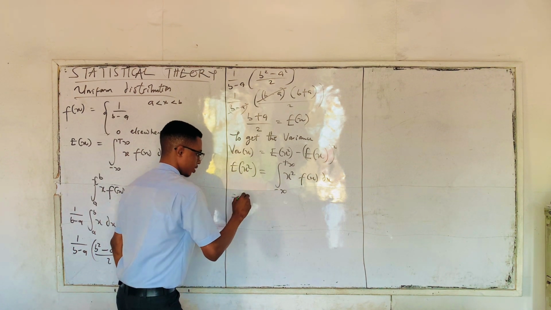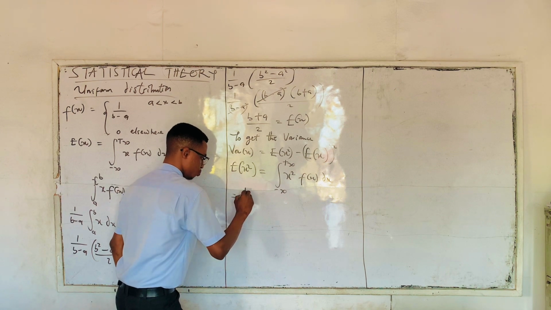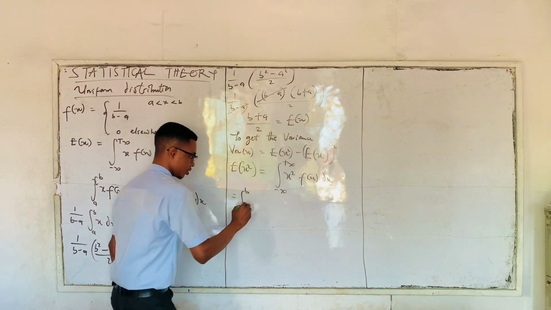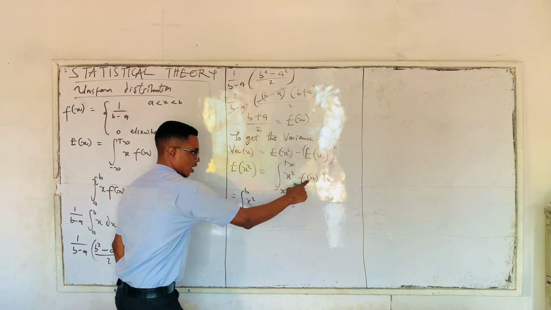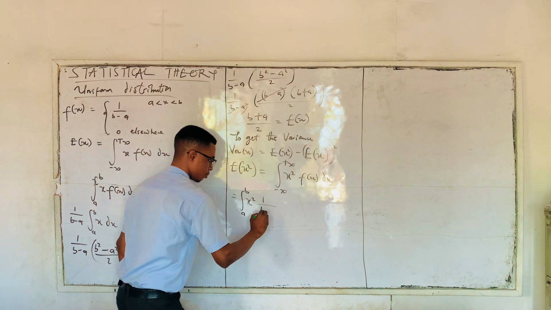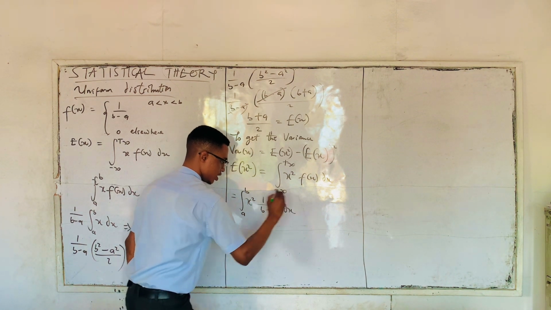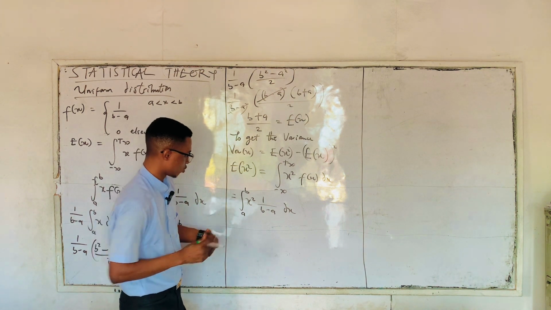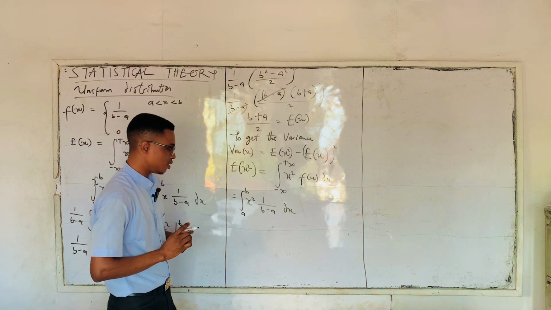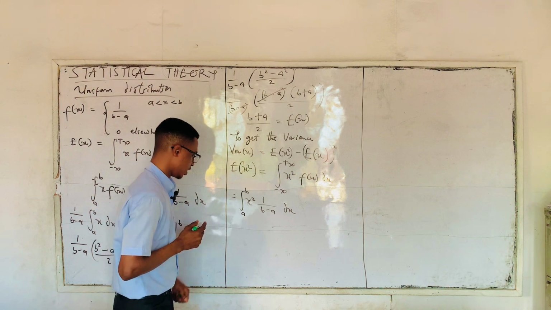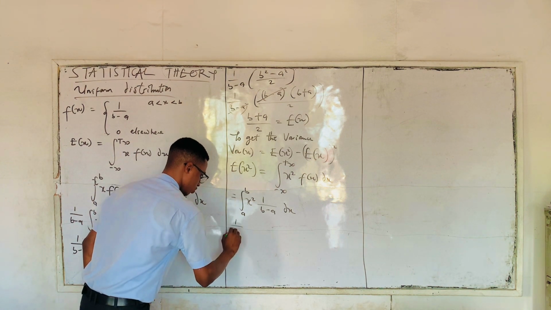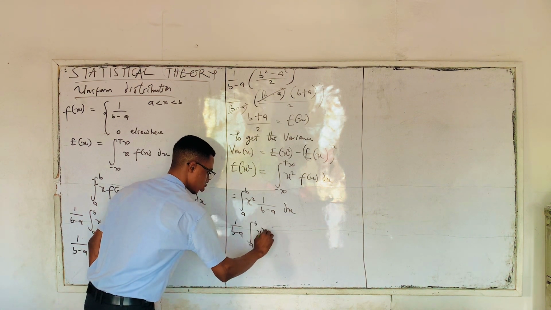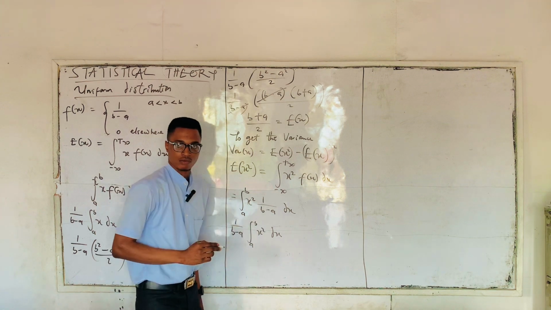So we have the integral from a to b, because a is the minimum and b is the maximum, of x squared times 1 over b minus a dx. We repeat the same process. We bring 1 over b minus a out of the integral. We have 1 over b minus a, integral from a to b of x squared dx.